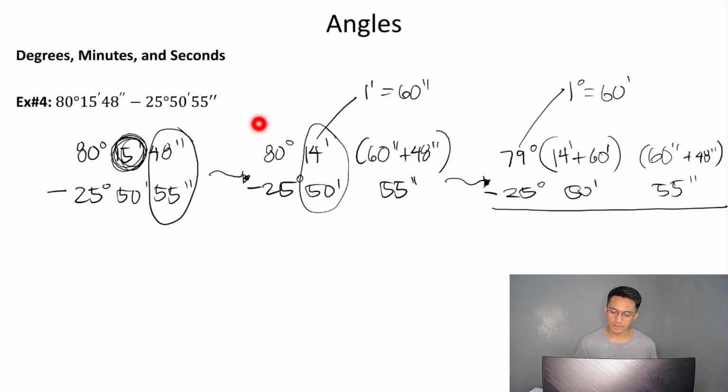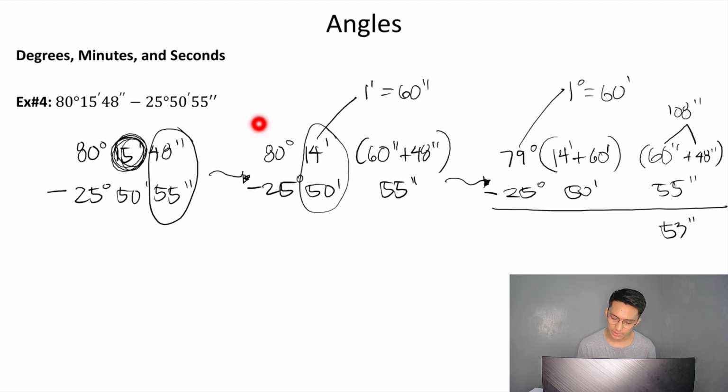Okay? So first, punta tayo sa seconds. 60 plus 48, ito ay 108 seconds. So pwede na natin siyang subtract. 108 seconds minus 55 seconds. We have 53 seconds. And then next, for the minutes, 14 minutes plus 60 minutes. 74.